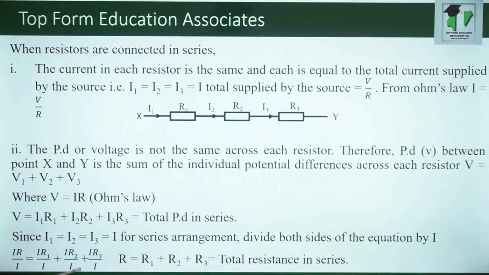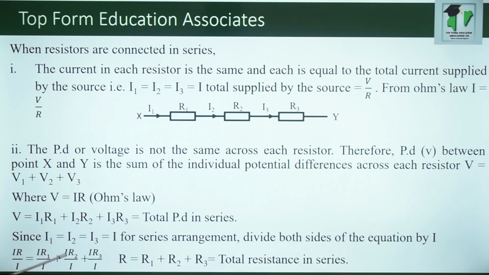So IR is equal to V. We'll have it that IR over I is equal to IR1 over I plus IR2 over I plus IR3 over I. Such that if you now divide through, this I will cancel out the I here, remaining R. This I will cancel out the I, remaining R1.